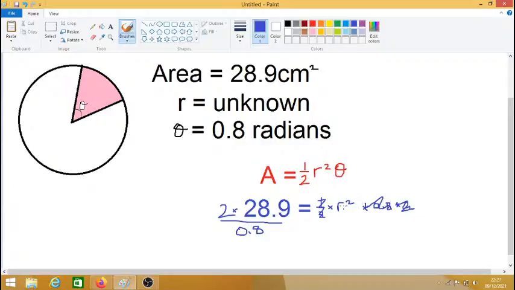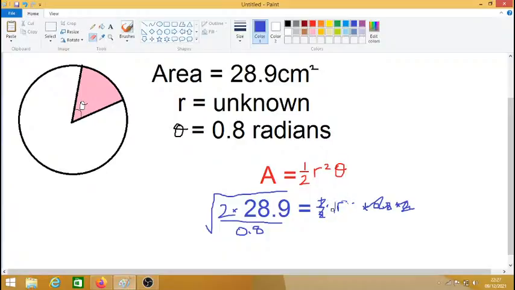And then we're only left with r squared. So to get just r, the radius, we're just going to square root both sides. Then the squared and the square root on this side will cancel out. So you're just left with r, the radius, which is what we want.